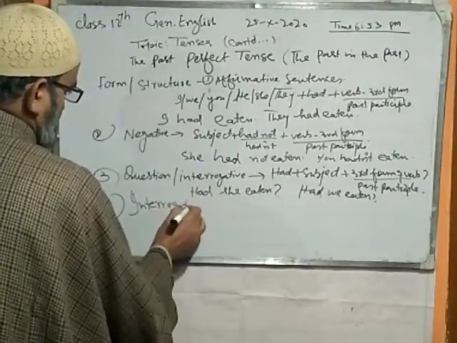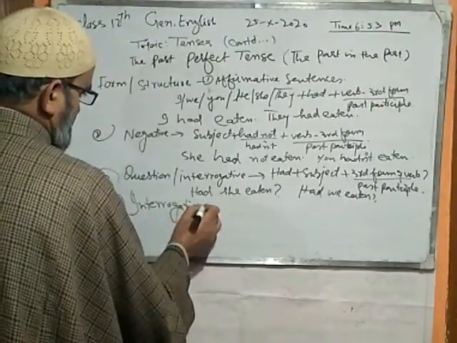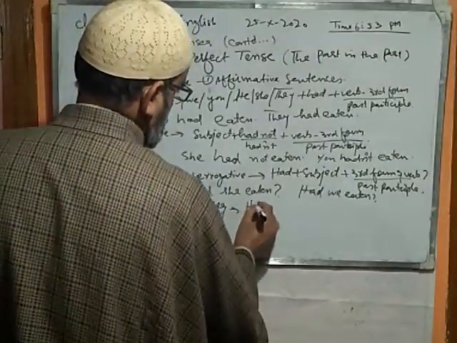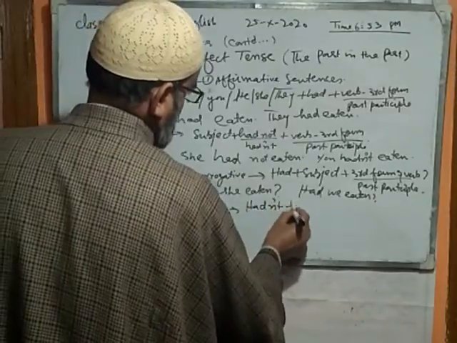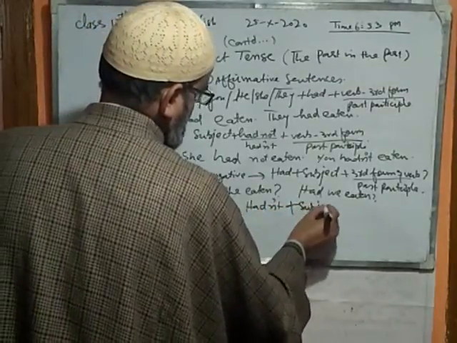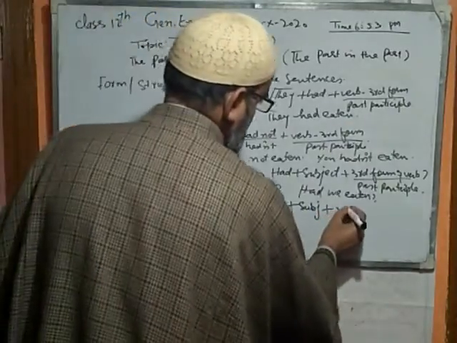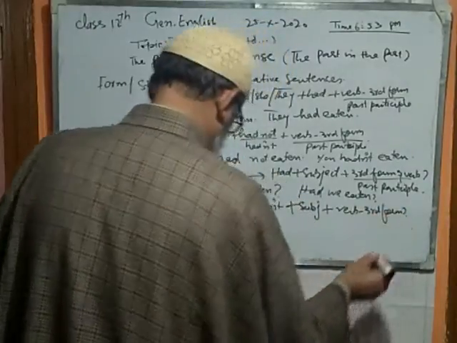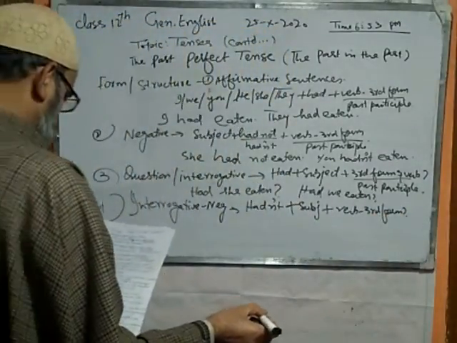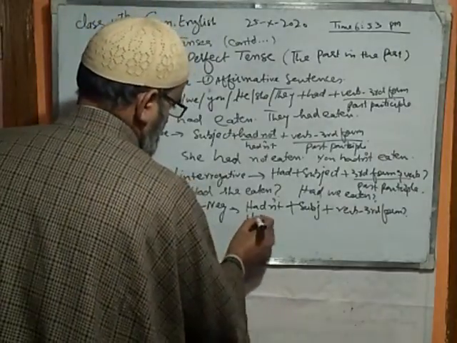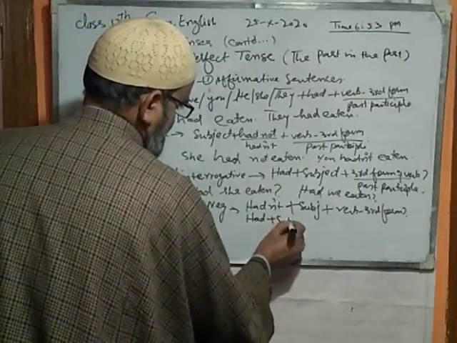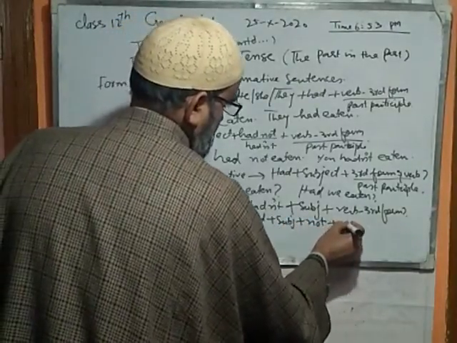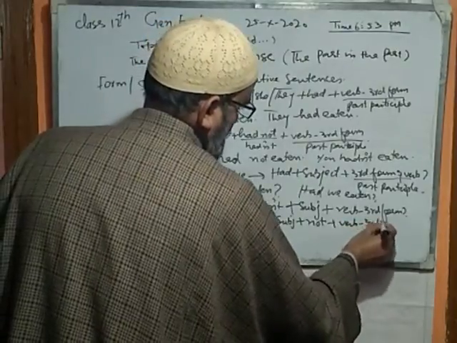Interrogative negative sentences. This form is hadn't plus subject plus verb third form or past participle, question mark, or had plus subject plus not plus verb third form.